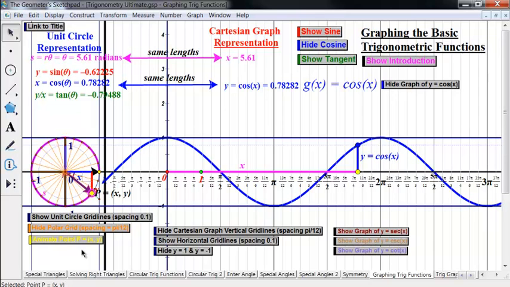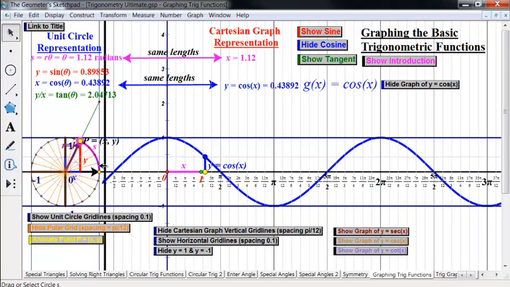So once again, what do we get? On the unit circle picture, the input is the angle. It's actually an arc length on the unit circle, or amount of distance of rotation of that point 1, 0 as it rotates around the circle. That's the input, which is the angle in radians.